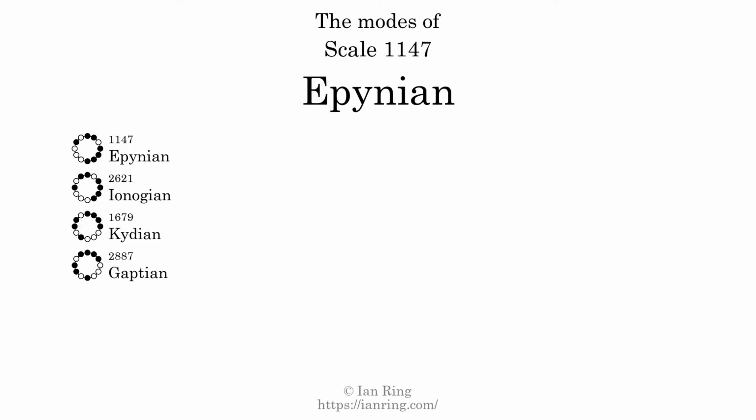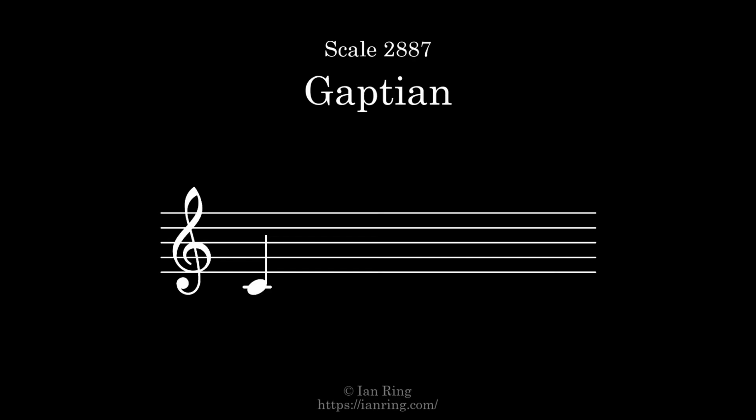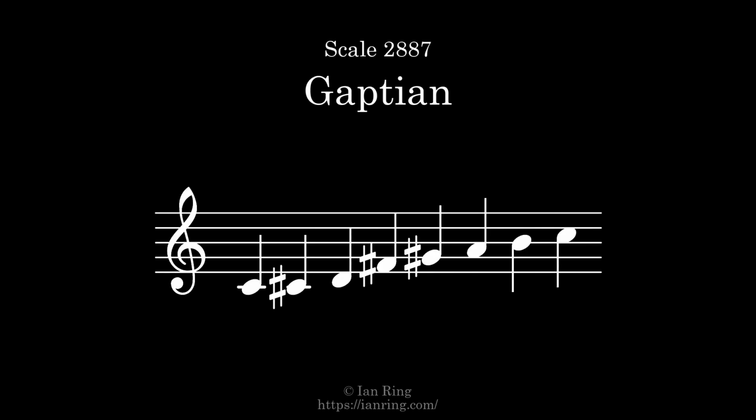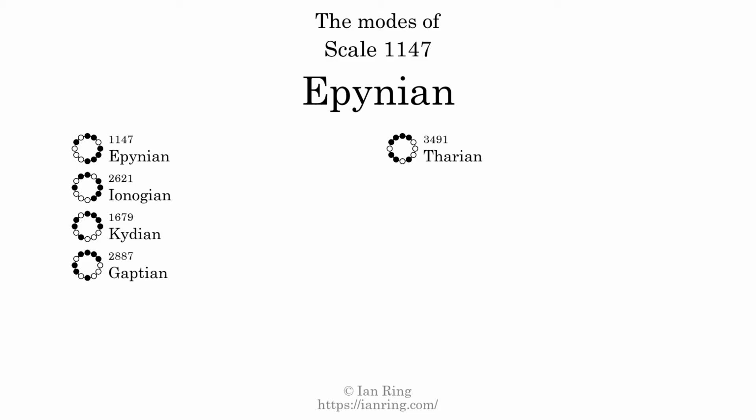The fourth mode is scale 2887, also known as Gaptian. It sounds like this. The fifth mode is scale 3491, also known as Therian. It sounds like this.